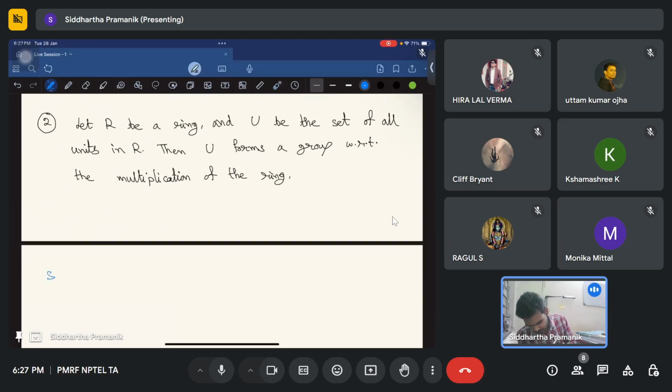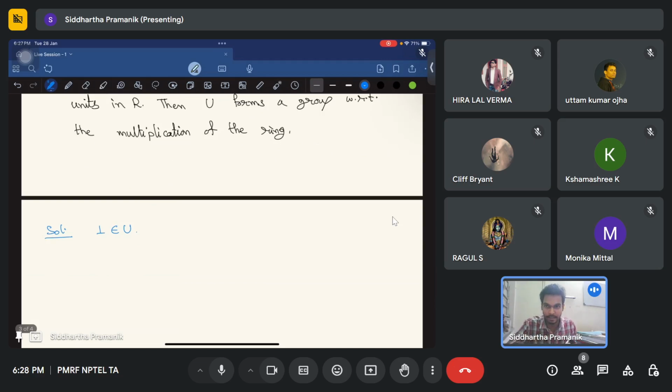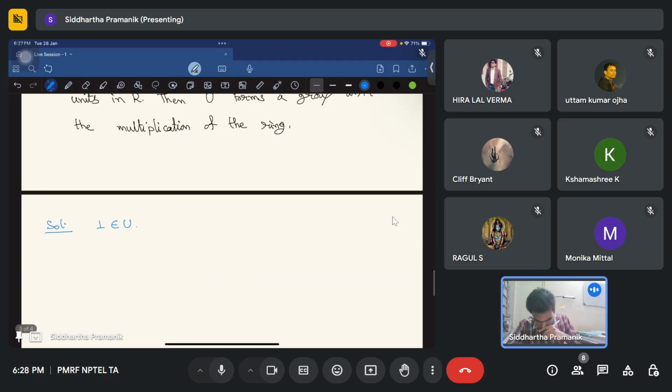So let's see a solution of this quickly because it's very easy. First of all, the identity element belongs to U because it is inverse of itself. So U is a non-empty set. So for a group, what we need to check?